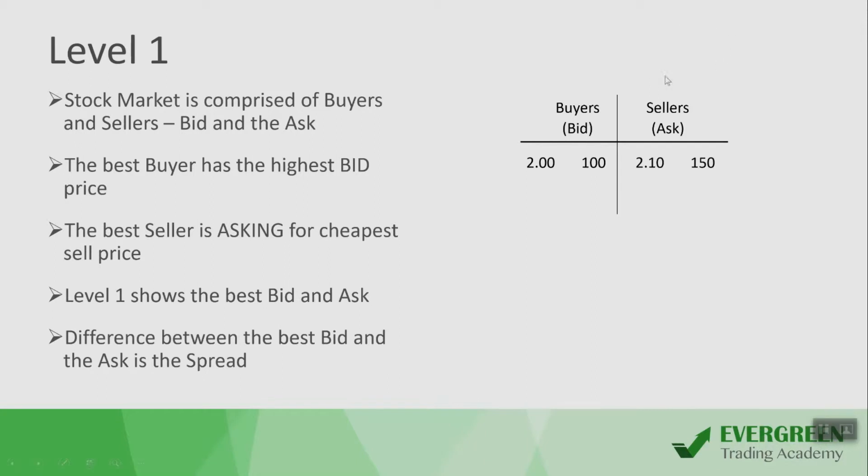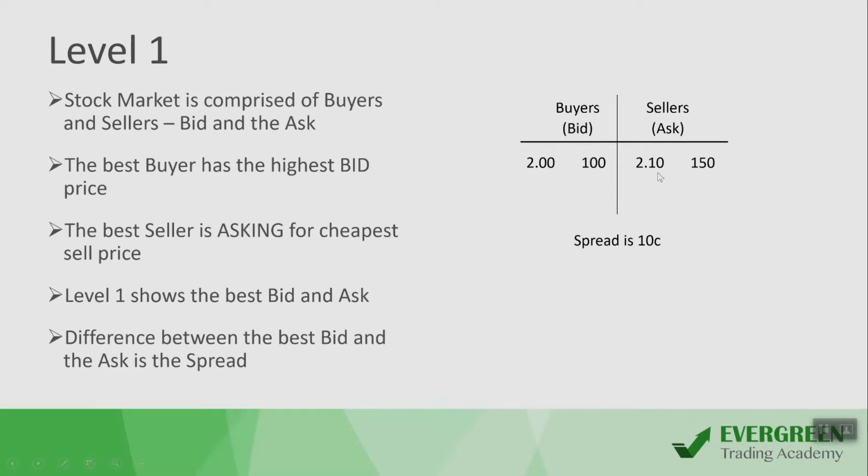There is no one selling cheaper shares than this person right here. This information, the best bid and the best ask, is what is known as level 1. For reference, the difference between the best bid price, $2 in this case, and the best ask price, $2.10, is the spread. In this case, it's 10 cents.